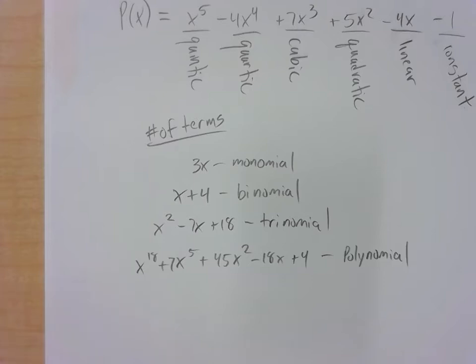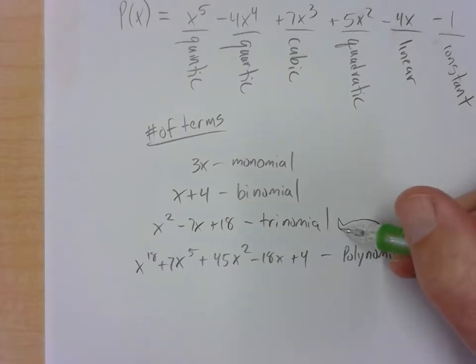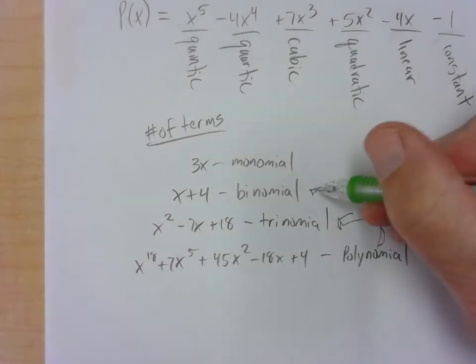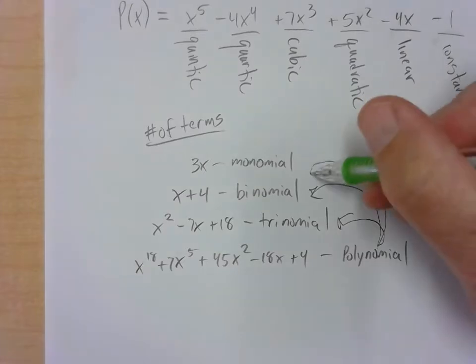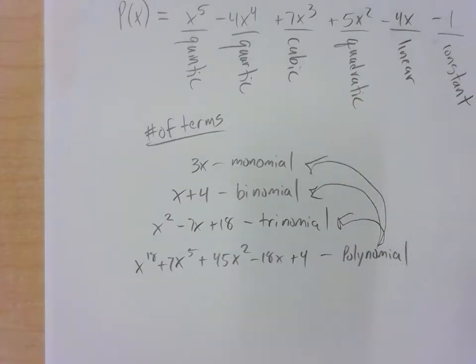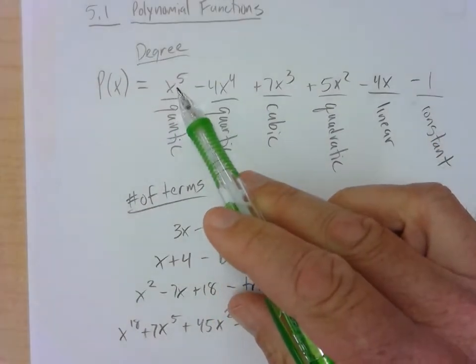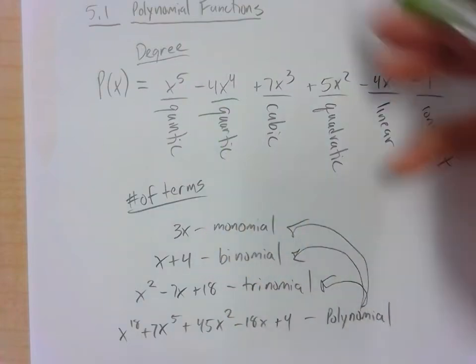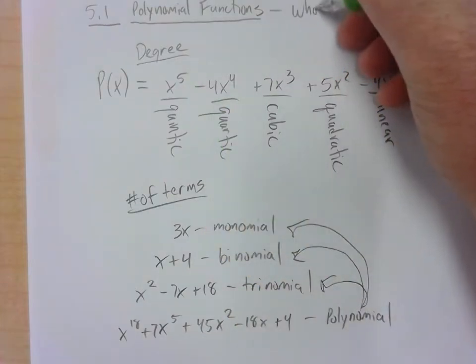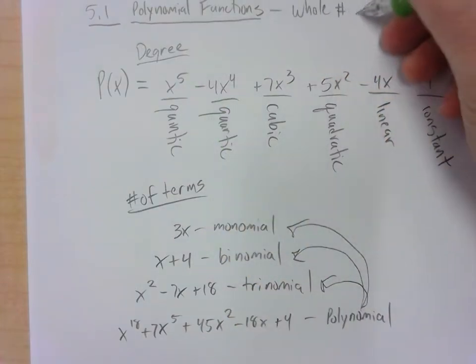We don't really have names for those other parts, but every single one of these is a polynomial. A trinomial is a polynomial, a binomial is a polynomial, a monomial is a polynomial. Basically, what a polynomial is you have whole number exponents. Okay, so we have whole number exponents.